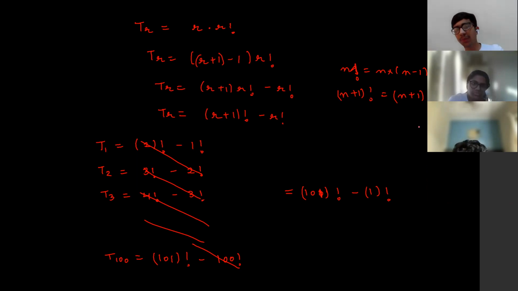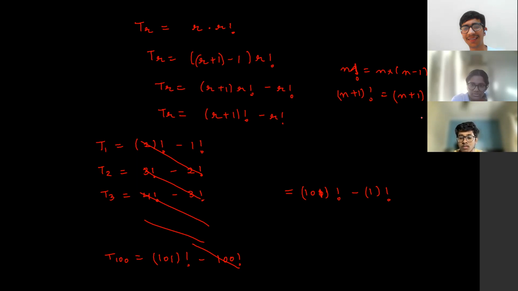Do you know what the fundamental principle of addition is? Yes. I tried applying this to the question, but it's not cancelling out. What did you get T1 to be? 2.1 factorial minus 1.1 factorial.